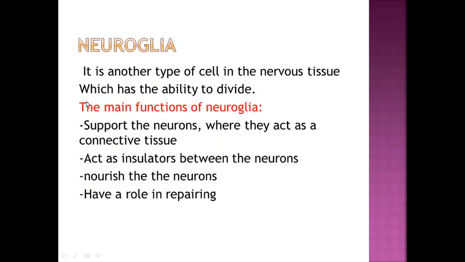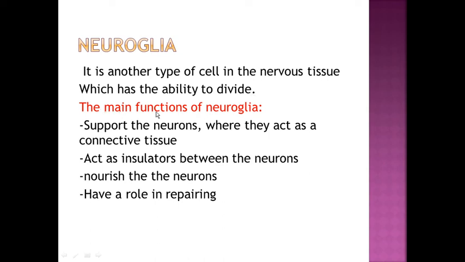This is the last thing we're going to talk about today. This is called neuroglia. It's another type of cell in the nervous system or nervous tissue, which has the ability to divide. We said before that nerve cells don't divide because they don't have centrosomes.